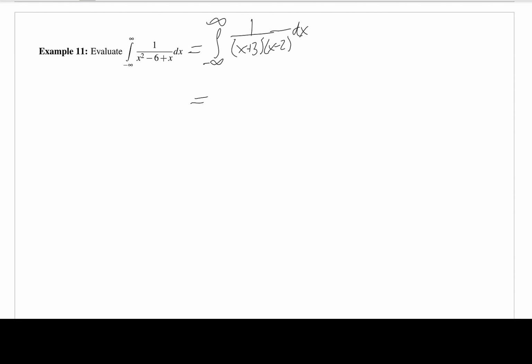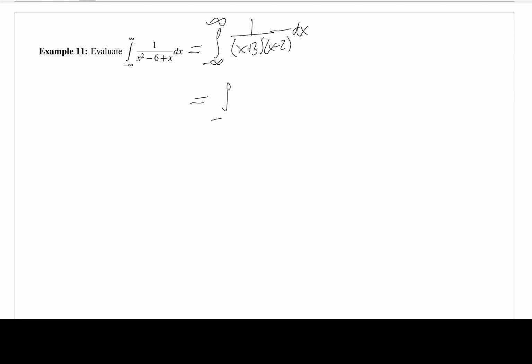So we need to rewrite this as the limit as, actually, for now, let me just break up this integral into its separate parts. Meaning I want to go from negative infinity to our first discontinuity, then from that discontinuity to the second discontinuity, from that second discontinuity to infinity.